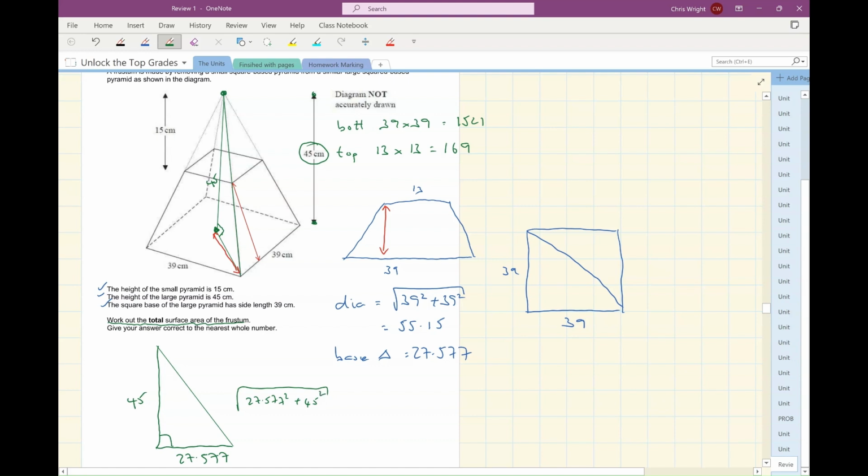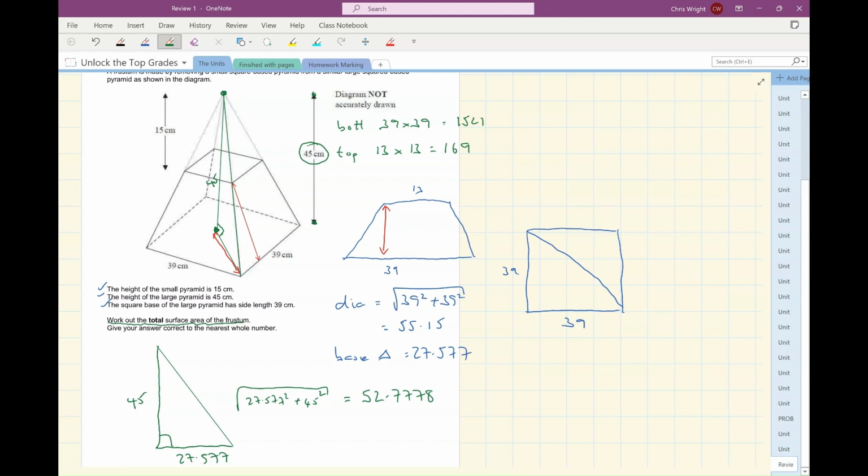I happen to have 27.577 on my calculator already, so I'll square that, plus 45 squared, equals, square root, answer, equals. So that hypotenuse is 52.7778.